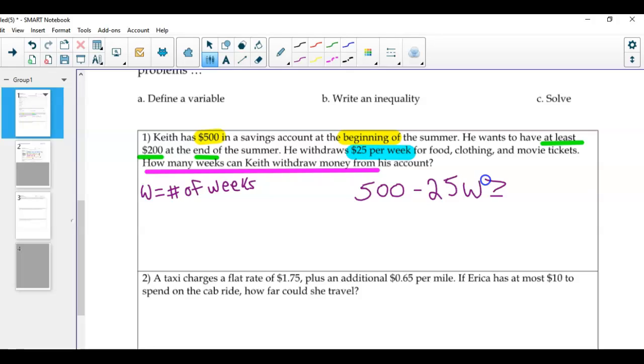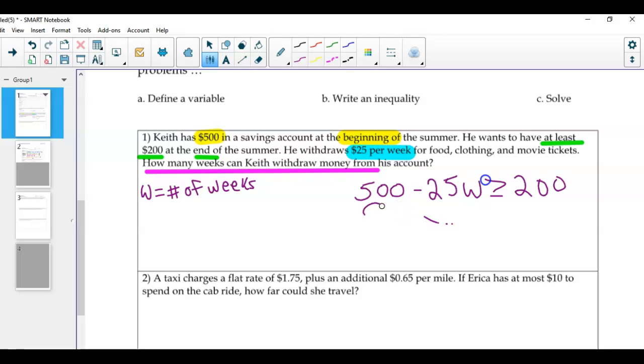So when we're writing this, however much he's spending or withdrawing, the amount that's going down has to be greater than or equal to 200. That's how we know which way to write this.